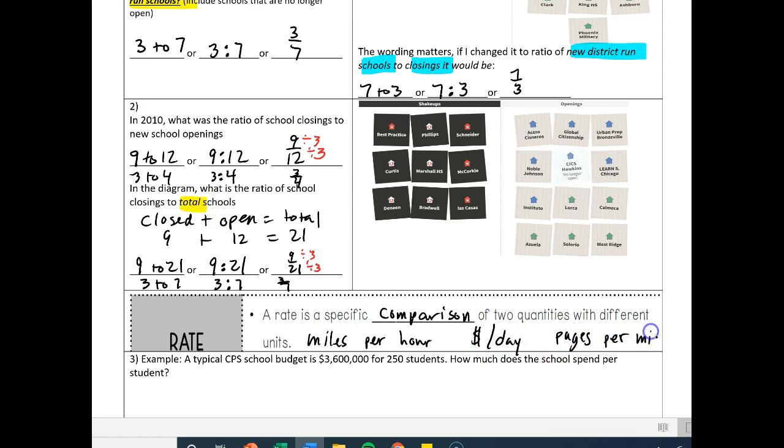These are all rates because we're comparing two quantities that have different units. So like miles and hours, those are two different units. Dollars per day, the slash means per, right? Pages per minute, right? So those mean two different quantities.